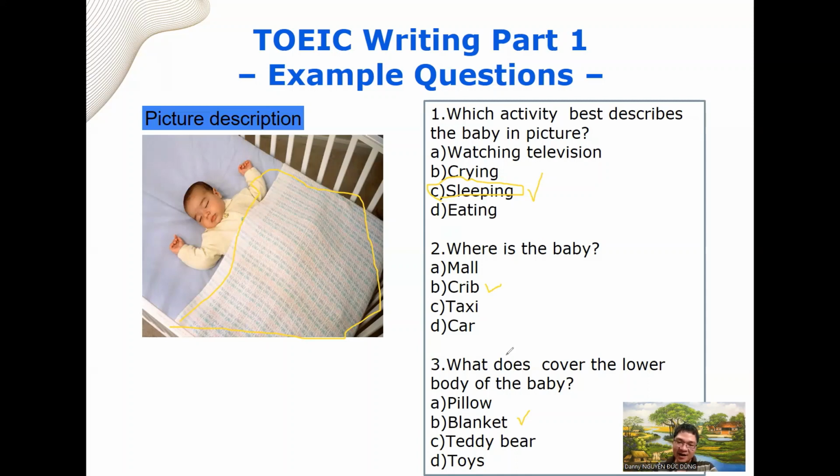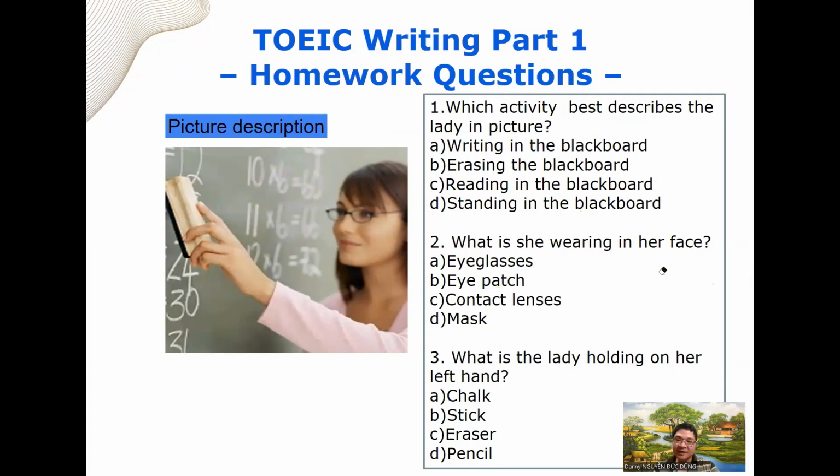The others are all common nouns. There isn't any particular name for the things. And here's another homework for you when you want to master identifying nouns in the TOEIC writing.